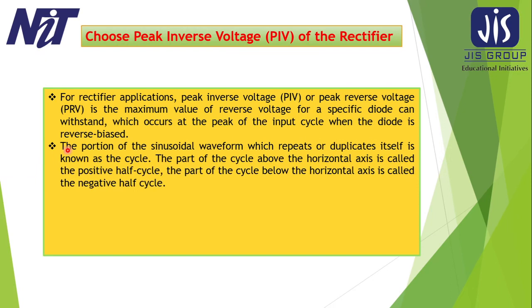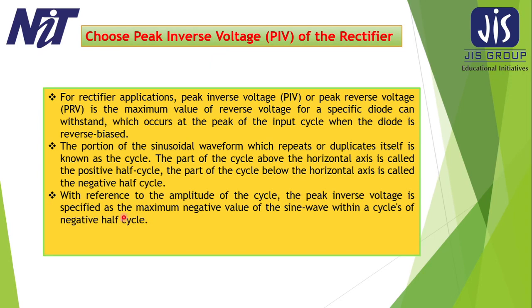So I already told you, the portion of the sinusoidal waveform which repeats or duplicates itself is known as a cycle. The part of the cycle above the horizontal axis is called the positive half cycle, and the part of the cycle below the horizontal axis is called the negative half cycle. So with reference to the amplitude of the cycle, the peak inverse voltage is specified as the maximum negative value of the sine wave within the negative half cycle. So PIV is the negative part of your sinusoidal waveform.